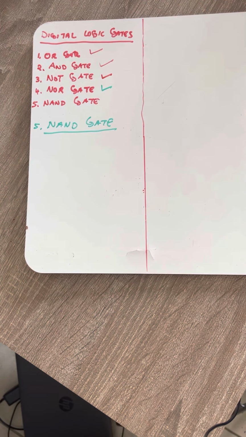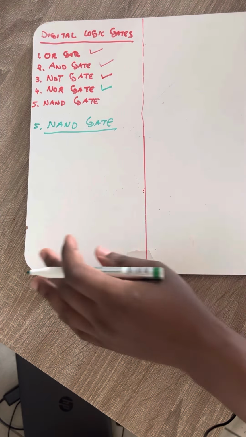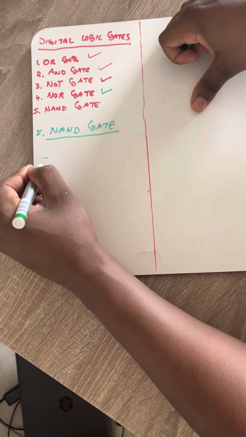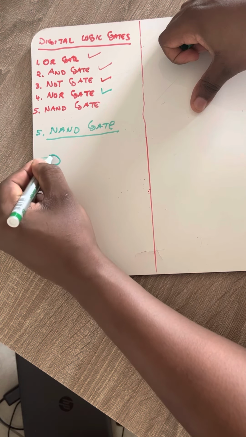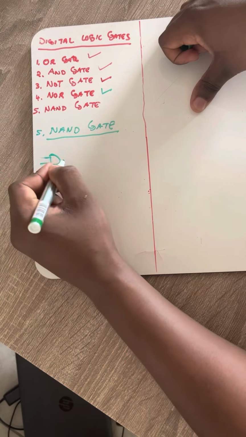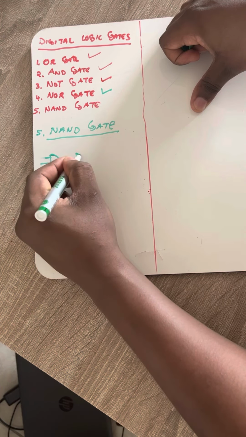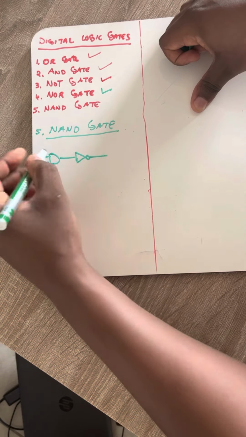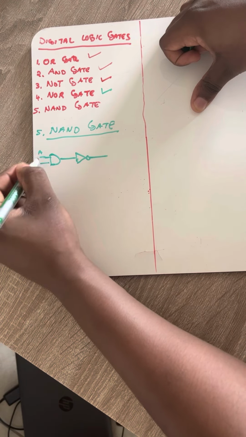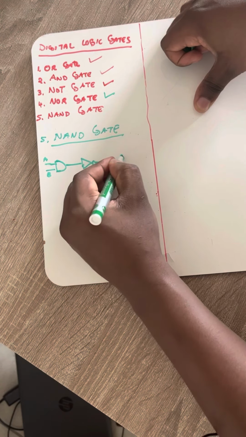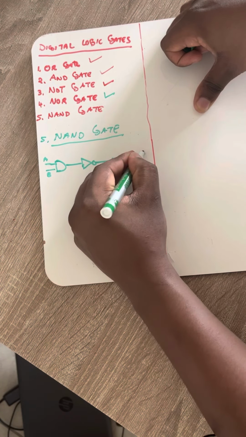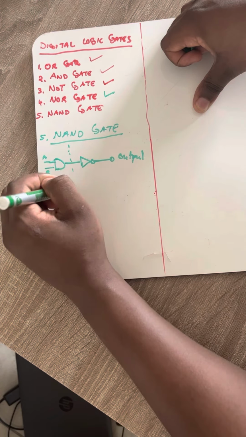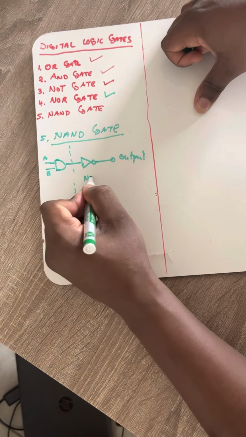So, what's happening on the NAND gate? A NAND gate is the combination of an AND gate and a NOT gate. So, basically, it has two inputs, A, B, and then output. So basically, this part is a NOT gate.